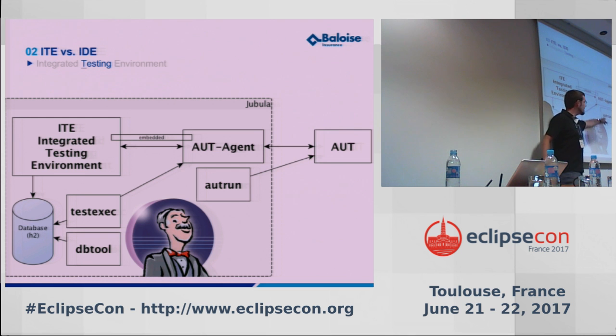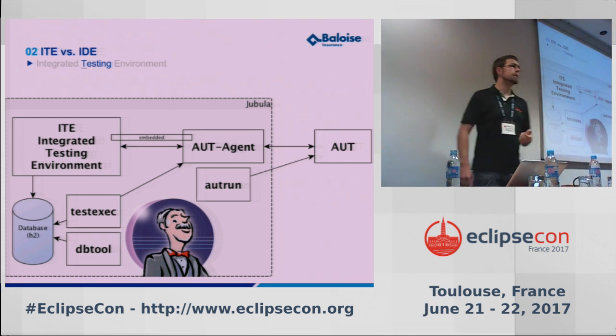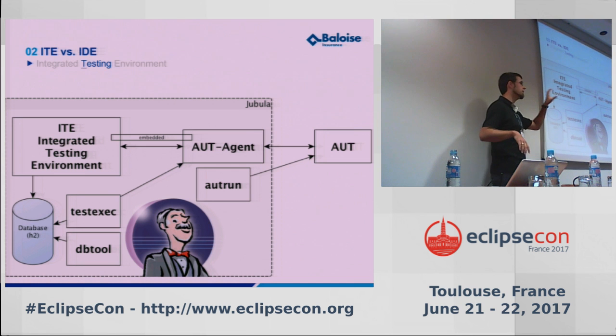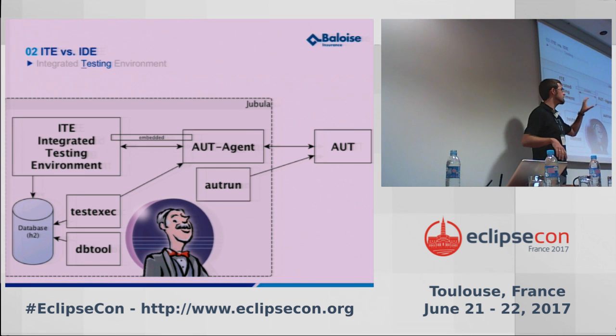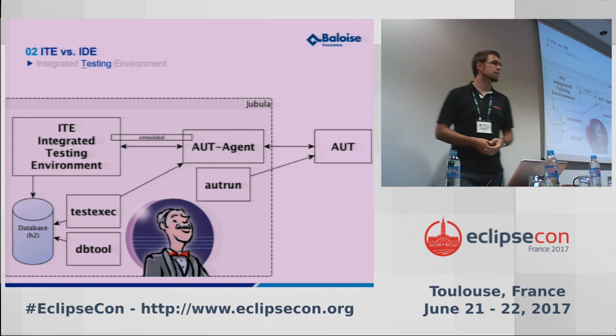And AUT Run is meant to drive the AUT's lifecycle from outside the ITE, so starting AUTs independently from whether the ITE, this RCP rich client, is available or not. So this is AUT Run and Test Exec, and DB tool is basically a tool to extract data from the database into the interchange format, for example, to check it into some VCS system.